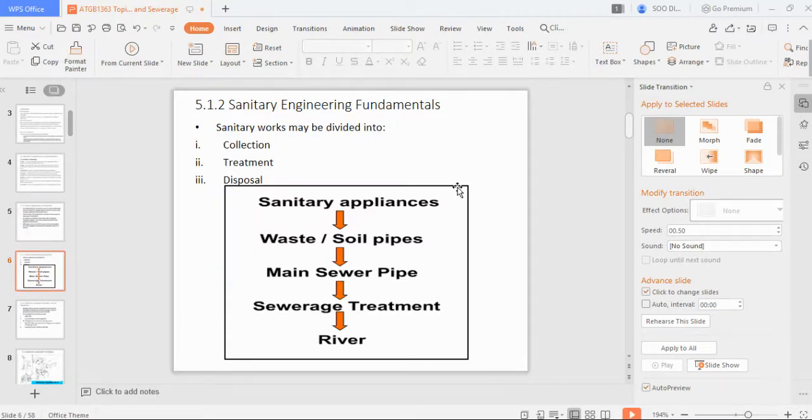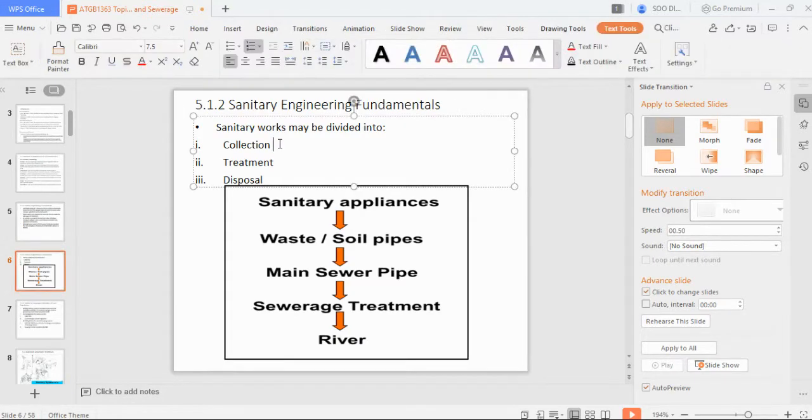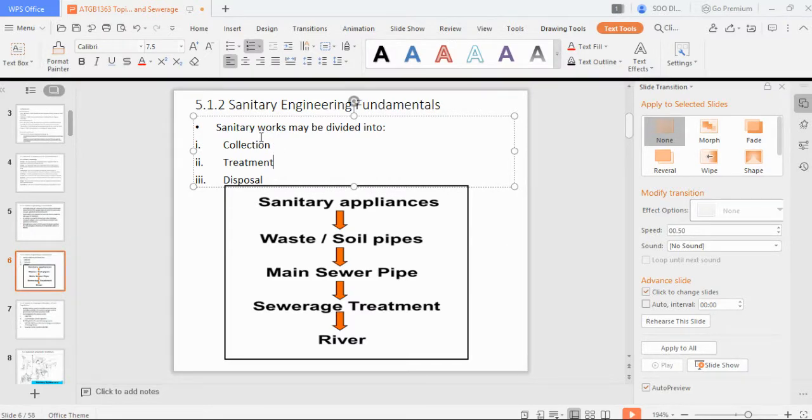Okay, so sanitary work is actually divided into three categories, which is collection, treatment, and disposal. Collection starts off in our house or in the office, usually in your WC. And then you have a collection of pipe which will divert all the waste to your sewage treatment plant.